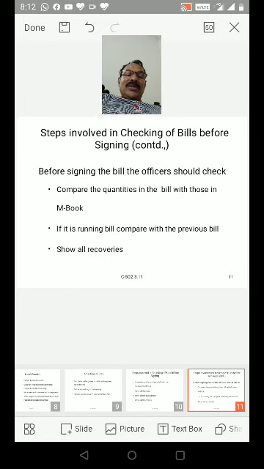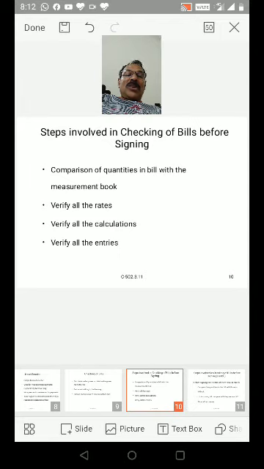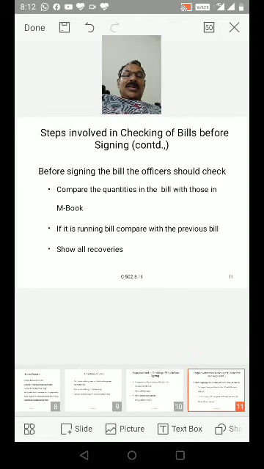If it is a running bill, compare with the previous bill, which has already been submitted to the treasury. Show all recoveries.